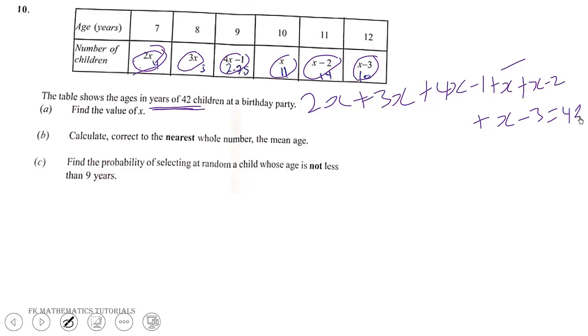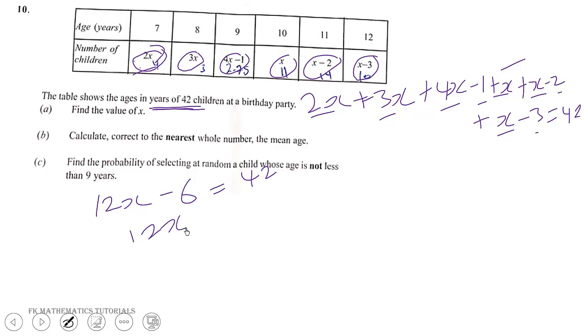So let's simplify that. 2x plus 3x, that will be 5x, plus 4x, 9x, plus x plus x plus x, that will be 12x. So 12x minus 1 minus 2 minus 3, so minus 6, is equal to 42.